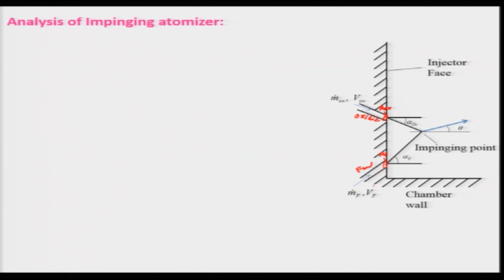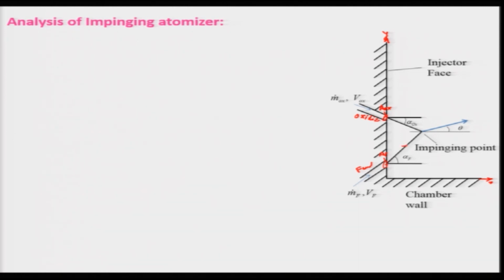It is impinging with Vf, making an angle alpha f with respect to the x direction. If you consider this is your x direction and this is your y direction, in a similar way the oxidizer exits from this orifice AOX with a velocity of Vox and mass flow rate of m dot Ox, making an angle alpha Ox with respect to the axis.